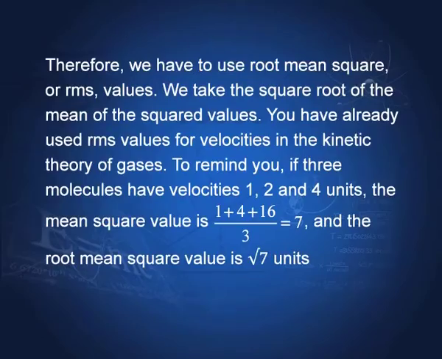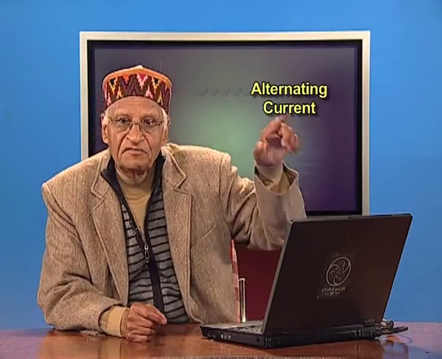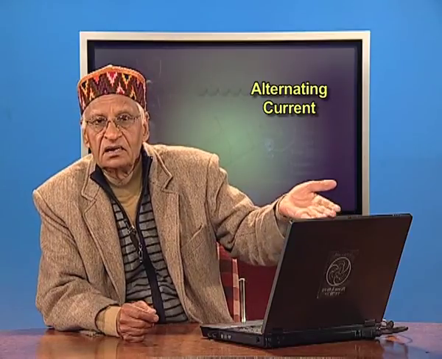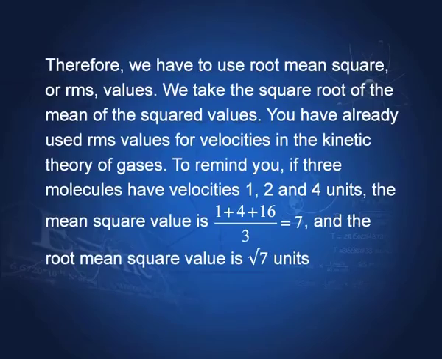To remind you, if 3 molecules have velocities 1, 2 and 4 units, first we find the squares, then we take the mean, and then we take the square root. That gives us the RMS value. The mean square value is 1 plus 4 plus 16 divided by 3, which is 7. Therefore, the root mean square value is root 7.